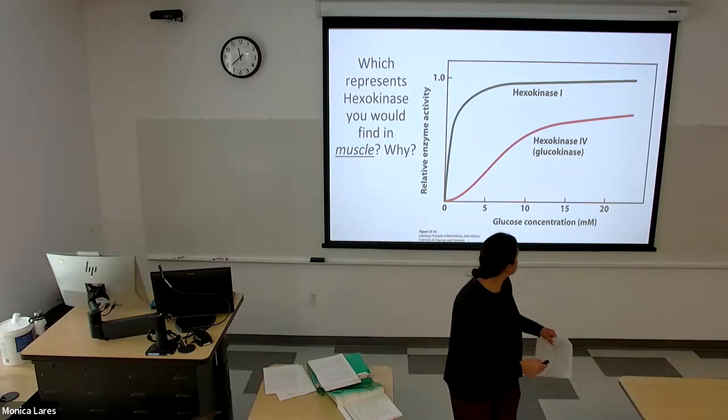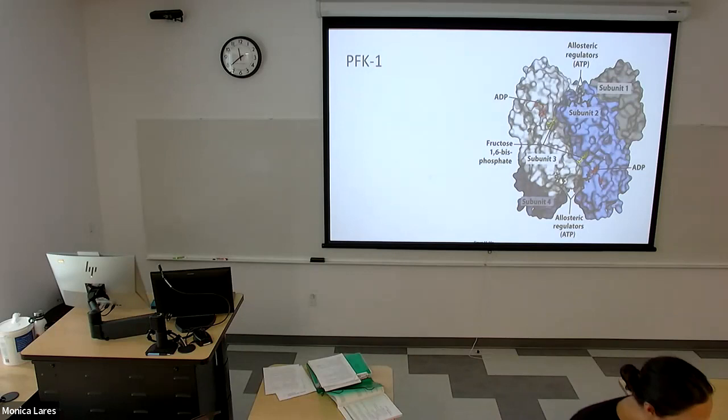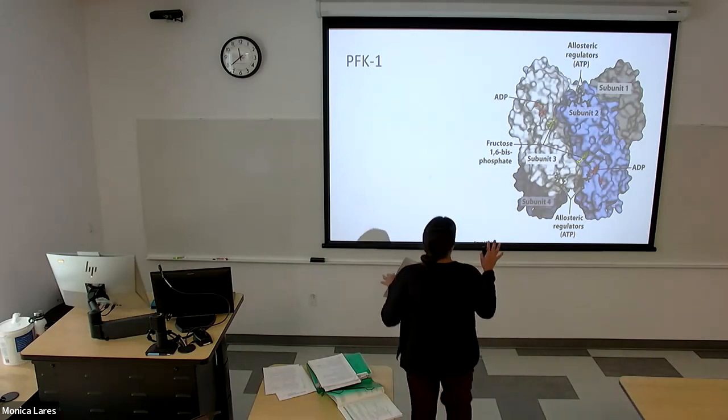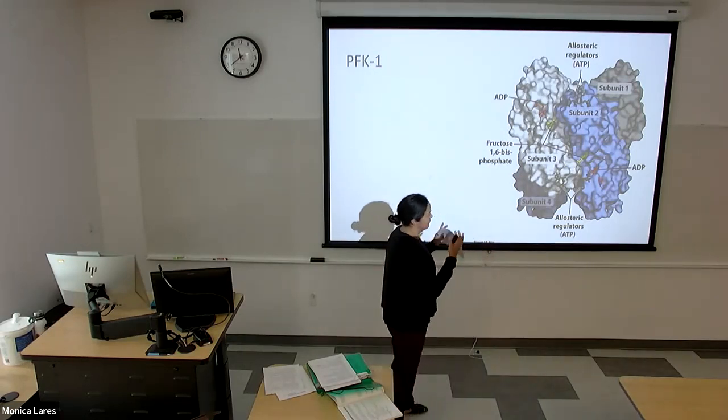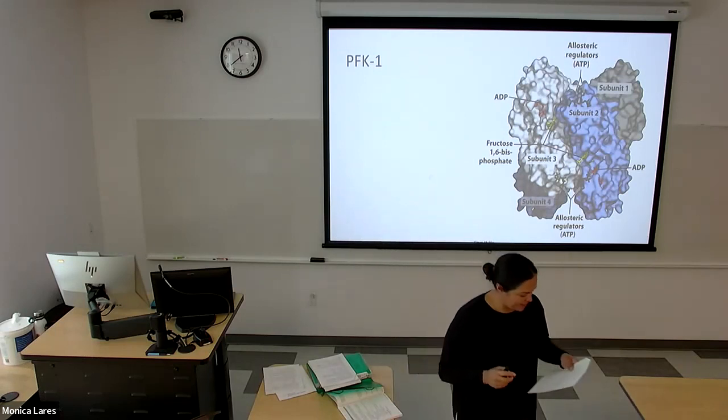So then the next enzyme we're going to look at is PFK1. Remember, it's phosphofructokinase 1. So again, this is a cartoon representation of the enzyme. You can see the enzyme in this white, blue, and gray are making up the different subunits of PFK1.